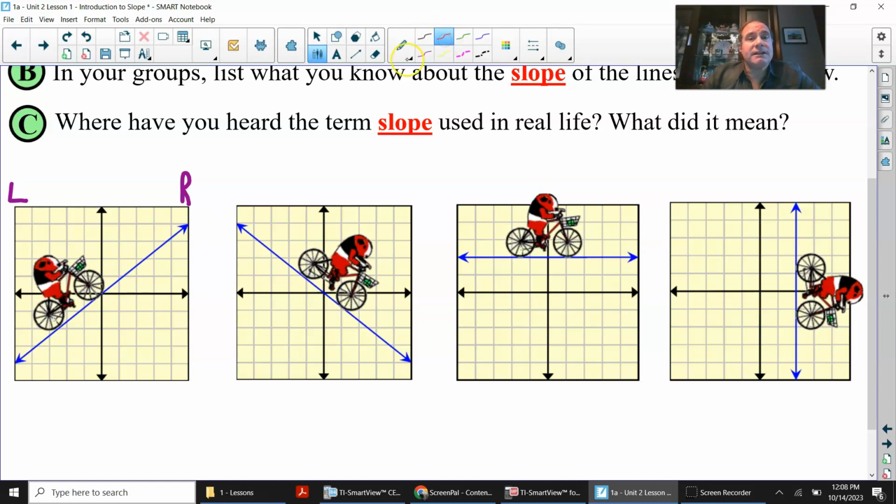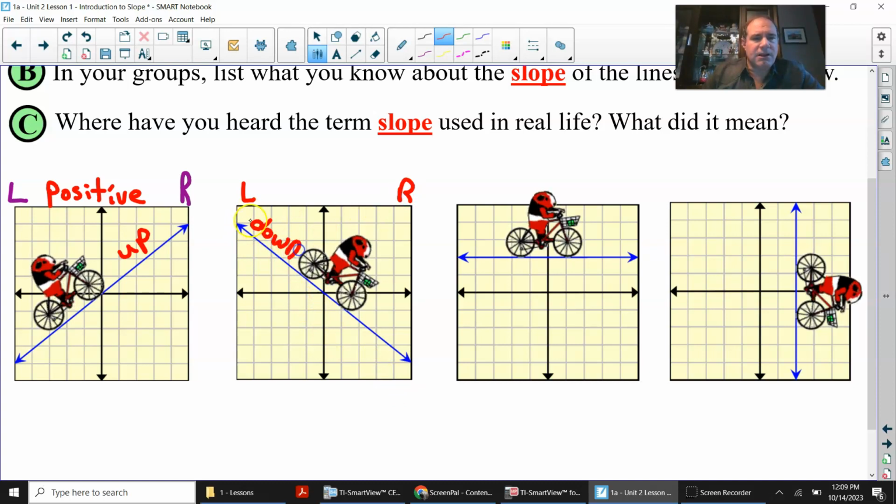As we glance at this graph, this hamster on this bicycle is going up from left to right. Since that hamster is going up, we say that this is a positive slope. The same thing with this hamster, but this hamster from left to right is going downhill. You can see that is a downhill line from left to right, so we say that is a negative slope.